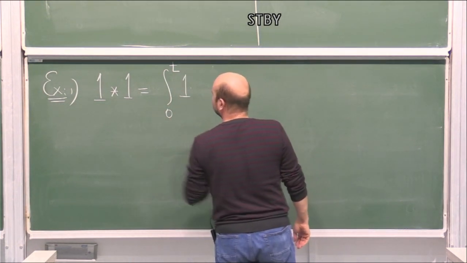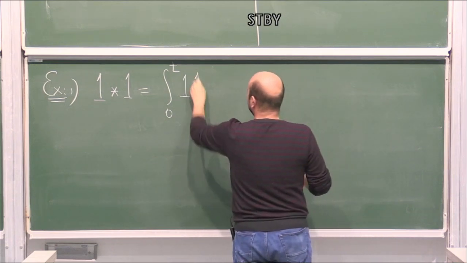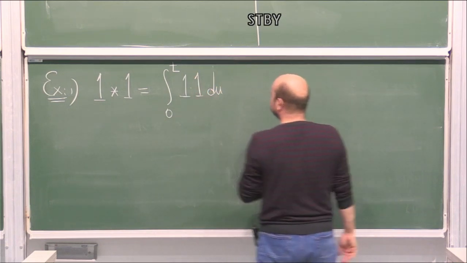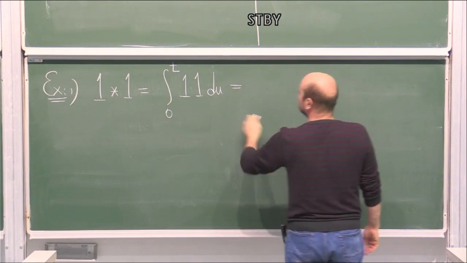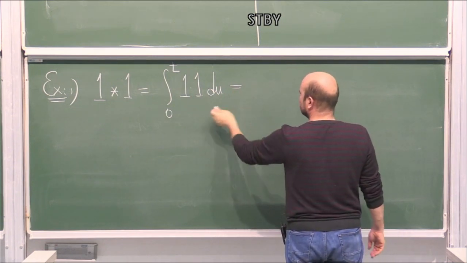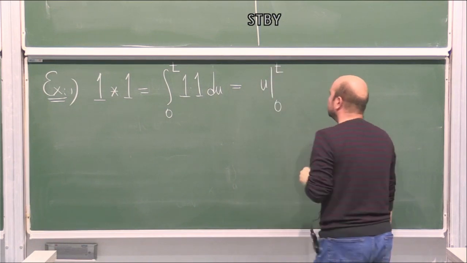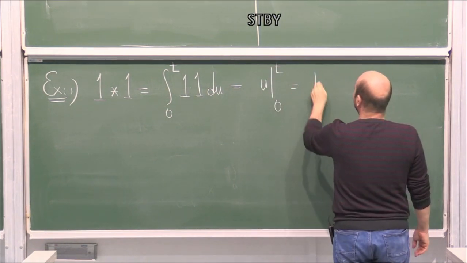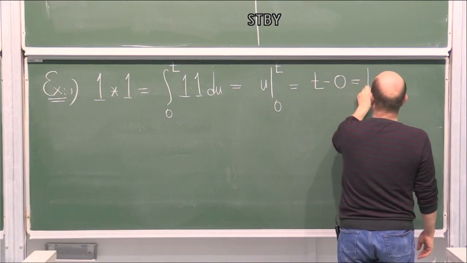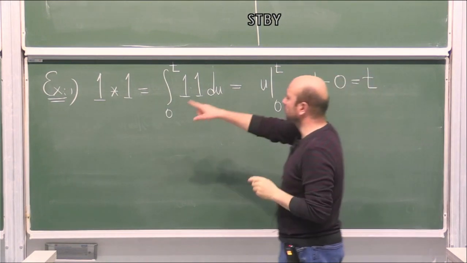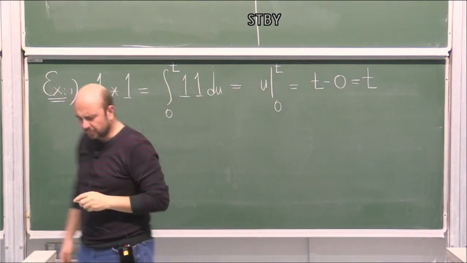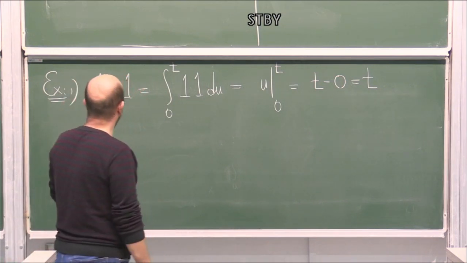In the second function I plug in u, it's again 1. So du. But then this is just the integral of 1, which is u, from 0 to t. So we get t minus 0, which is t. So the convolution of 1 with 1 is just t.